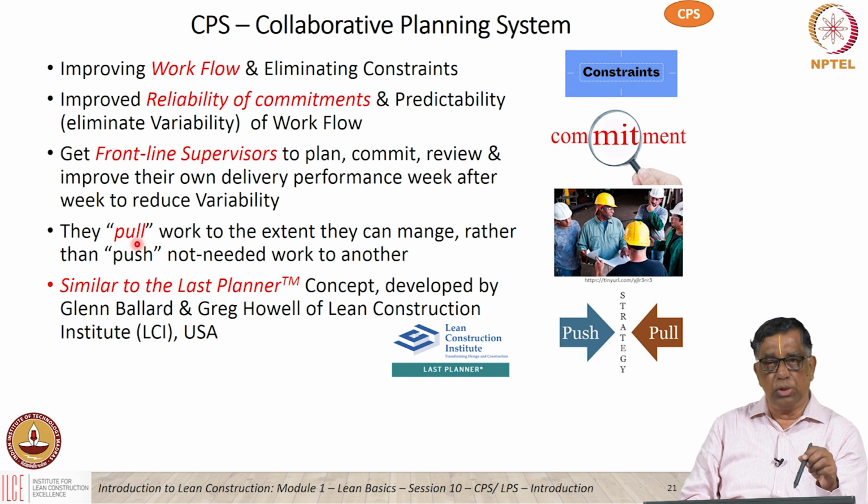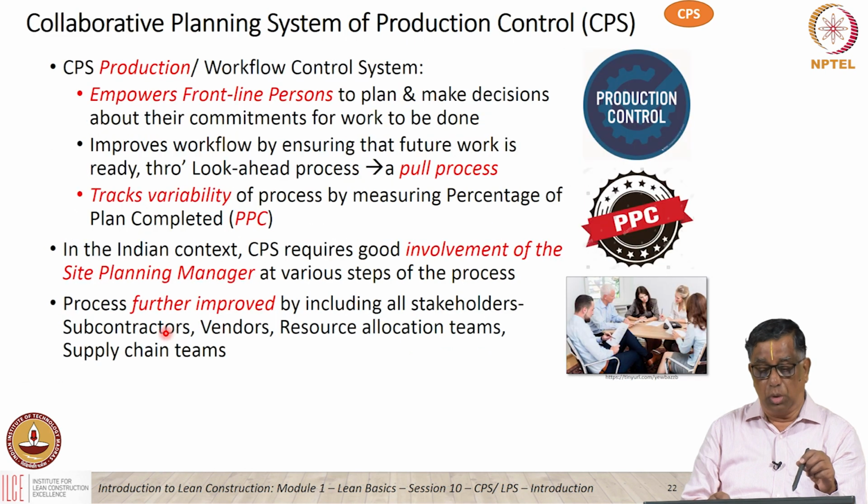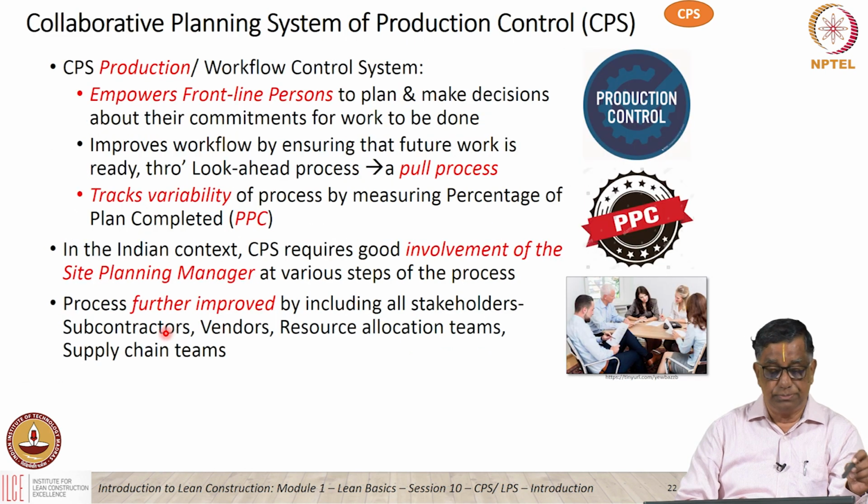So this basic concept came from something called the Last Planner concept, which is the trademark of the Lean Construction Institute of US. Two great people of Lean, Mr. Greg Howell and Dr. Glenn Ballard of Lean Construction Institute US, were the people who formulated the initial concept, and today we have it practiced all over the world in different forms.